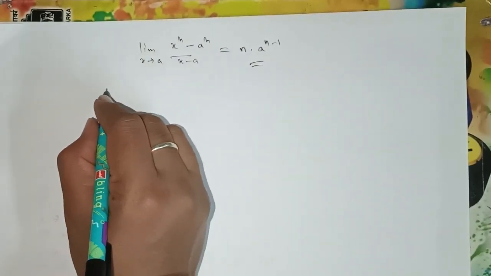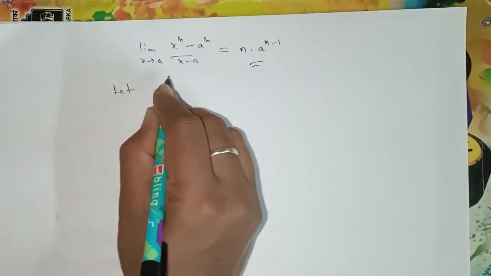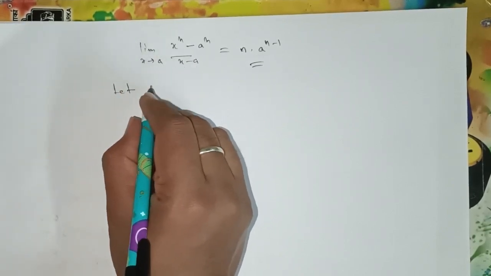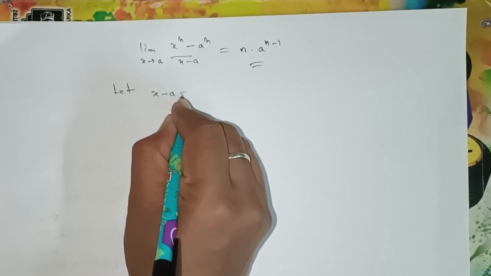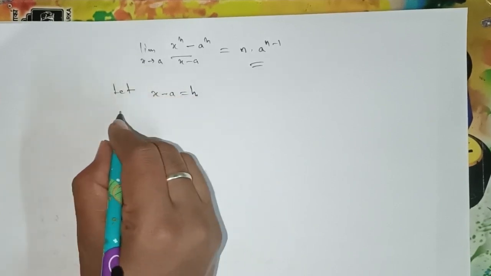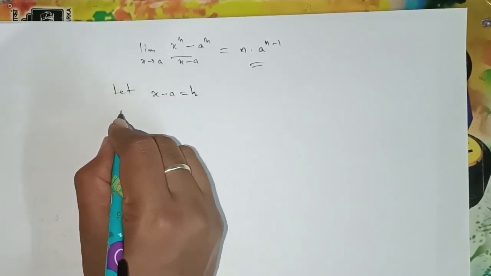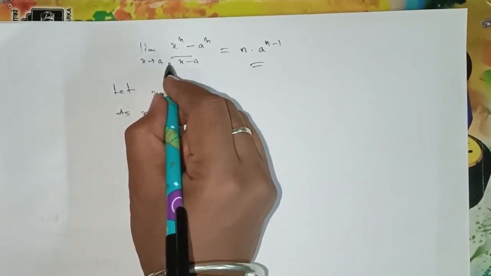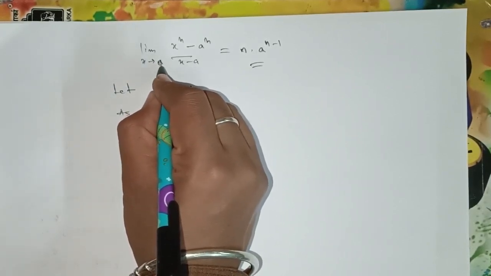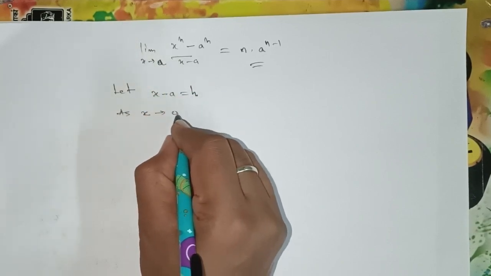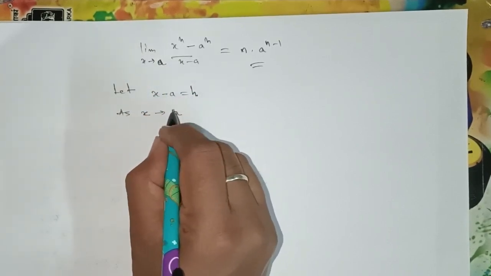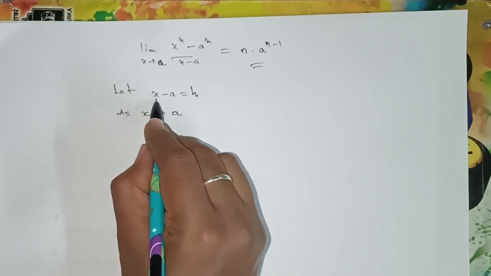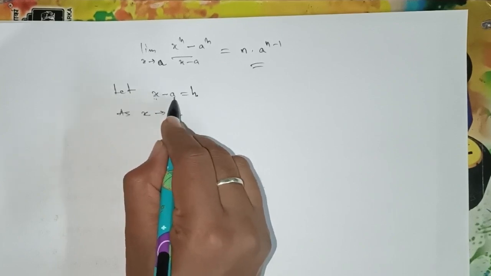For that, what we're going to do is substitute x minus a as h. As x tends to a, if you substitute the value of a here, you will get a minus a, 0.